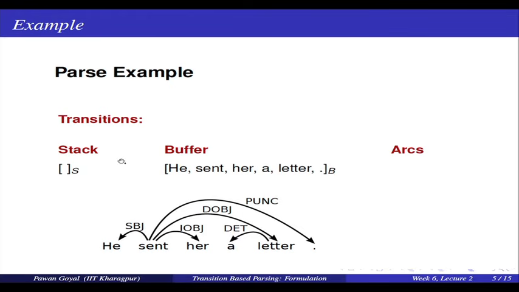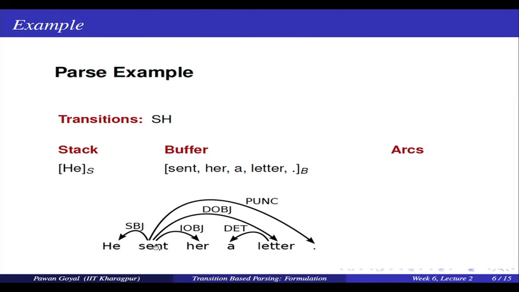So, if I do that, how do I modify my configuration? So, if I do a shift, he will go from buffer to the stack, and that is what I will obtain. Now this is my intermediate configuration. Now, again you have to find out what is the transition that you must be taking at this point, and that is where you will look at the dependency graph that you want to obtain, and you will see, is there a relation you want to establish between the top of stack and top of buffer.